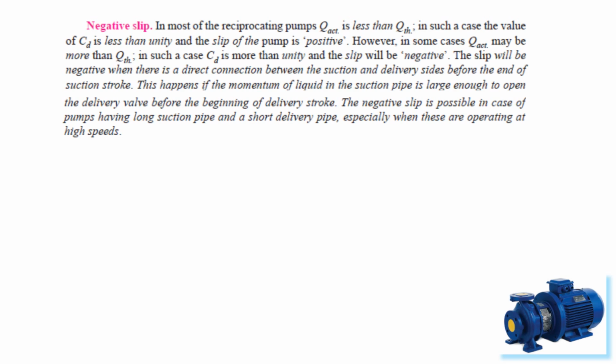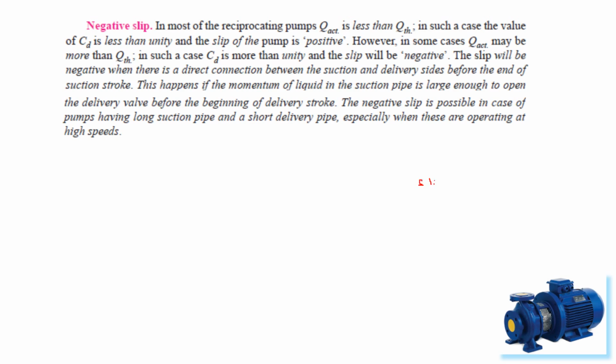In most reciprocating pumps, the actual discharge is less than the theoretical discharge. In such cases, the CD value is less than 1 and the slip of the pump will be positive. But in some cases, the actual discharge is more than the theoretical discharge.